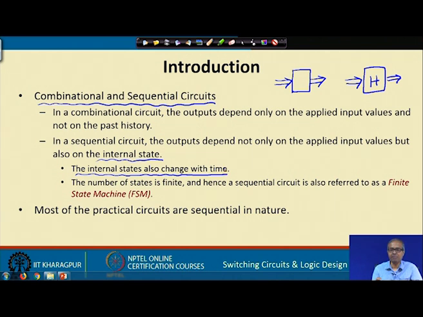Just one thing to remember, I am saying that the system or the circuit is remembering some history, that is the state of the system. Now, from a practical point of view, if the number of possible states in a system is infinite, can you really build such a system?